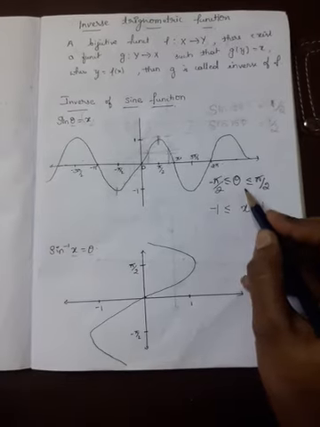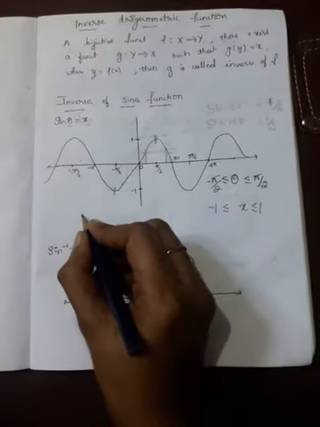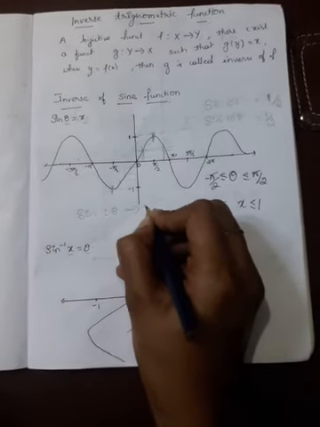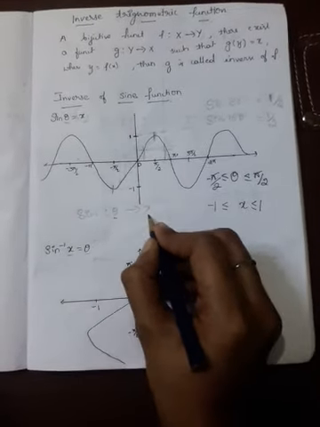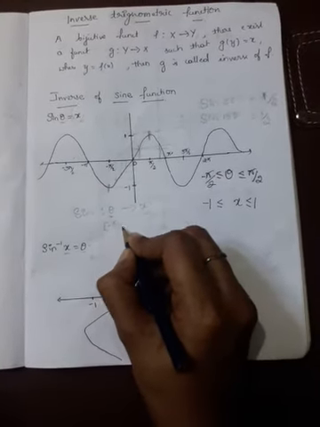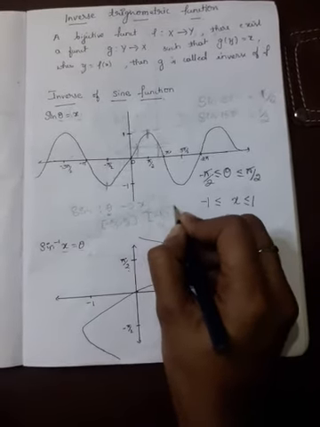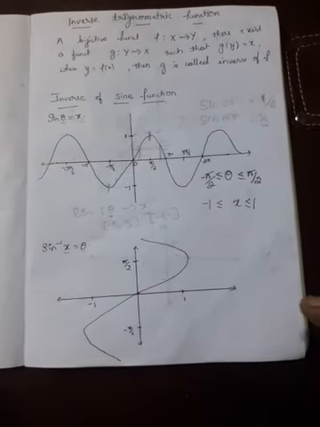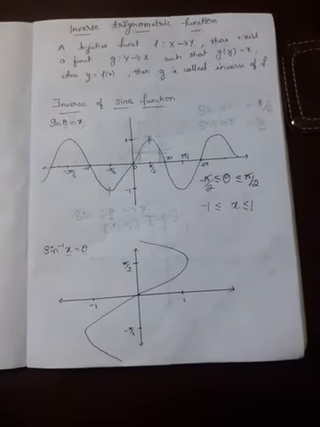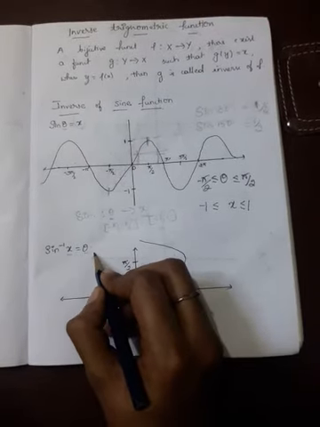For this domain and codomain, sine varies from theta to x. Our domain is theta and our codomain is x. Our theta is minus pi by 2 to pi by 2 and our x value is minus 1 to 1. In the sine inverse function, we know that in an inverse function we have to exchange the domain and codomain. In the sine inverse function, our x is the domain and theta is the codomain.